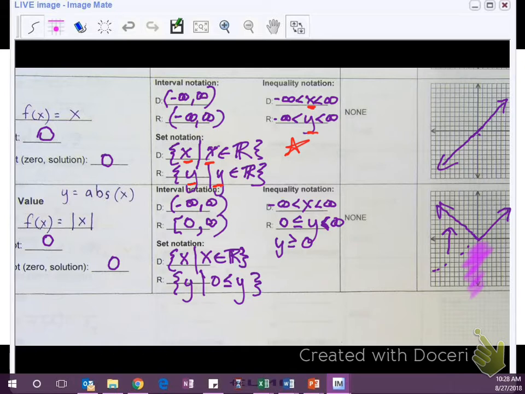So next class, I'll give you a quiz to see if you have these memorized yet, because I don't know anything else for you to do except to memorize them. I can just tell you. If you memorize what the graphs look like, then giving me the domain and range shouldn't be a problem if you know how to find domain and range, because you know what the graph looks like.